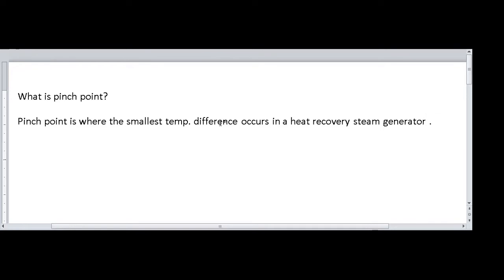HRSG, right? And so smallest temperature difference means the better utilization of the flue gas heat.